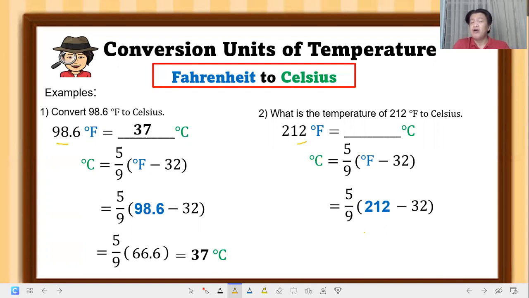Okay, remember, parenthesis first. So meaning to say, what is 212 minus 32? That is equal to 180. Tsaka mo ngayon i-multiply by 5 and then divide by 9. So we have 100 degrees Celsius. Okay, as you recall, di ba, this is the boiling point of water. Okay, meaning to say, 212 degrees Fahrenheit is equal to 100 degrees Celsius.